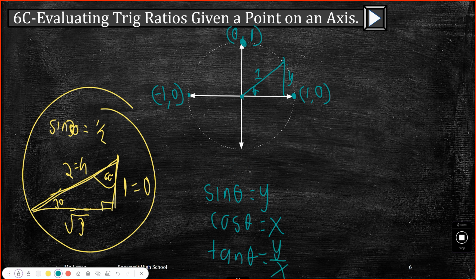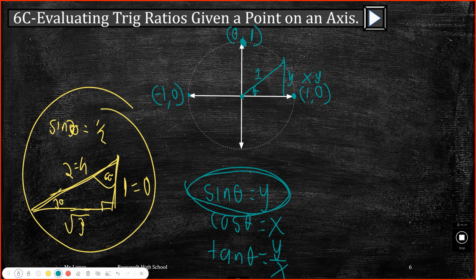So now when I say, what is sine of 0 degrees? Sine of 0 degrees is going to be the y value. So sine of 0 degrees is 0. Cosine of 0 degrees is 1. And now we go here.